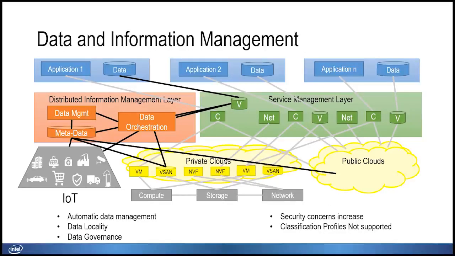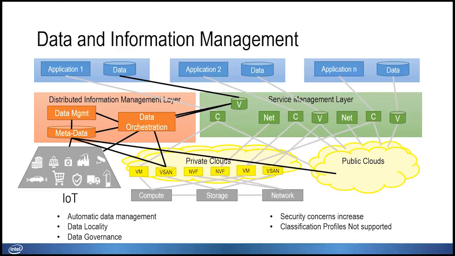The application service, SDI, cloud layer, and the IoT devices here. This distributed information management layer is now managing data and information across all of these entities, IoT, public and private clouds, and it's matching where that data resides with your application stacks and your service stacks.